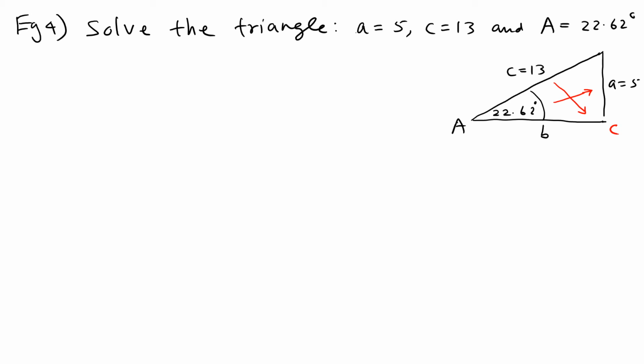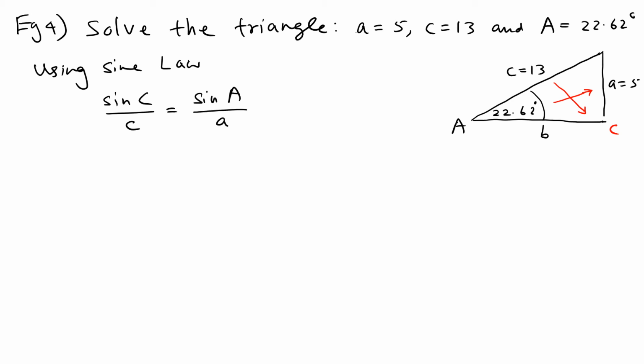So let's use the sine law now. Using sine law, we get sine C over small c equals sine A over small a, and then we can plug in here.